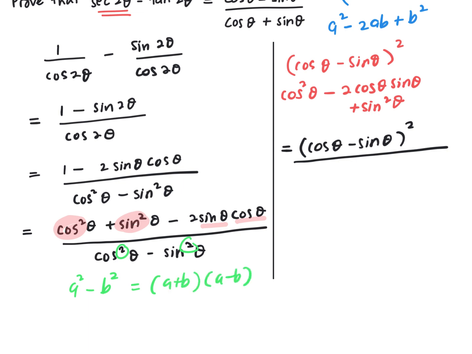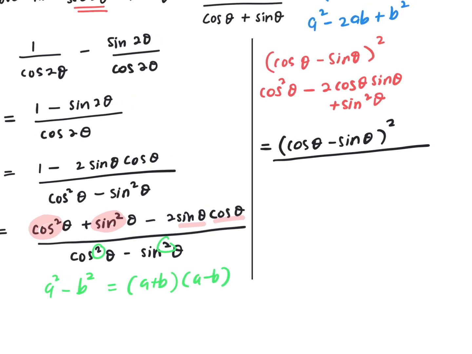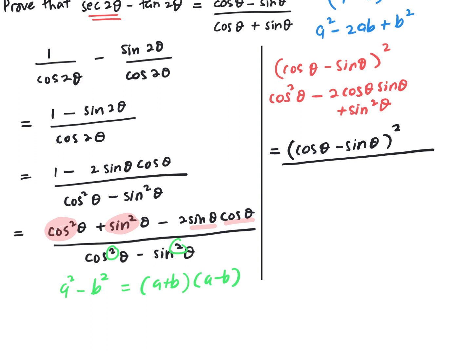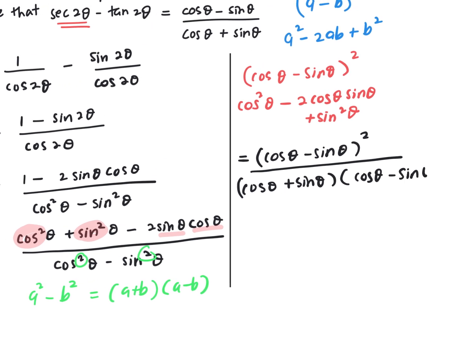So the term that we have can be replaced with cos theta plus sin theta times cos theta minus sin theta. If you noted, the numerator has cos theta minus sin theta twice and the denominator has it once, so we can simplify one of them. Now the degree left is 1. So the final answer should be cos theta minus sin theta divided by cos theta plus sin theta.